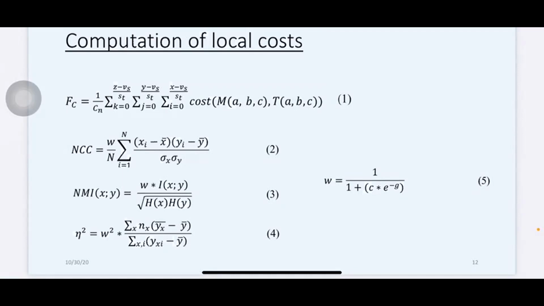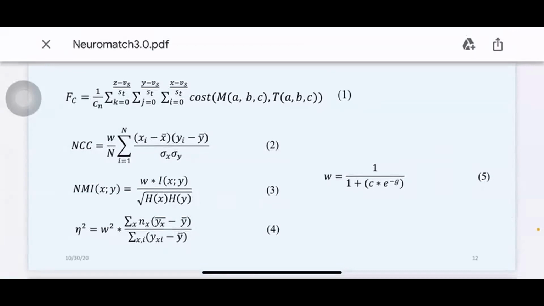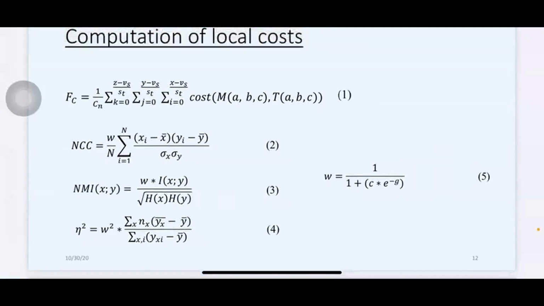And W is a weight, because these local cost functions are computed within the brain region. At the brain boundary, when you define the volume of interest, not all voxels have intensity values. They may be mostly zero intensities.